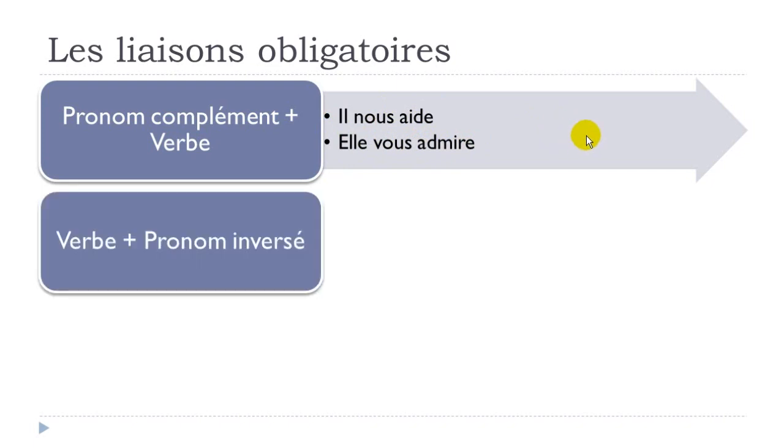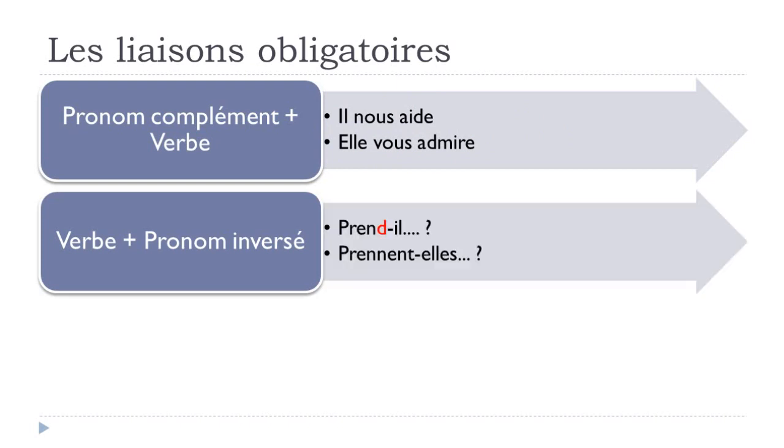Okay? If you've got the verb first and then you put your pronoun after, because normally that's the way we should proceed, you know, if we want to construct a correct question. Normally you should put first the verb and after the pronoun, okay? So in this situation, then you should make the liaison.